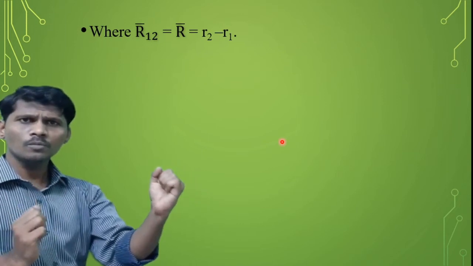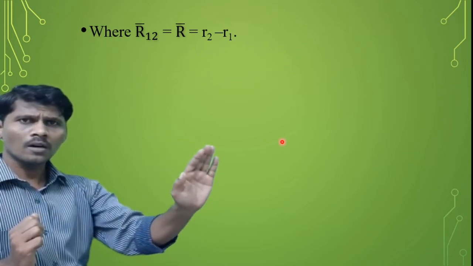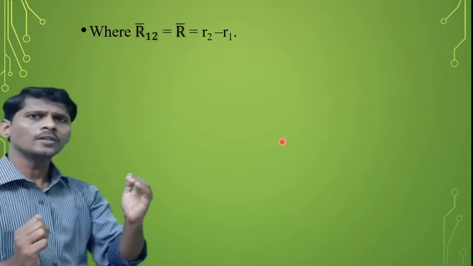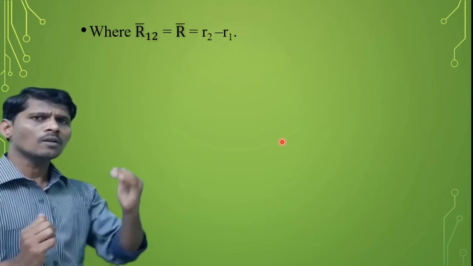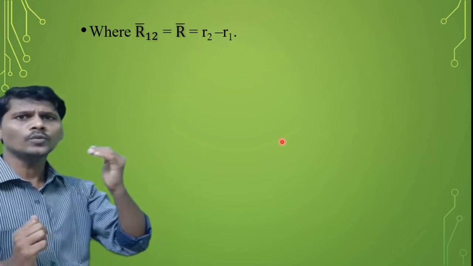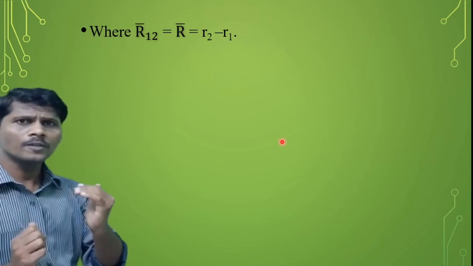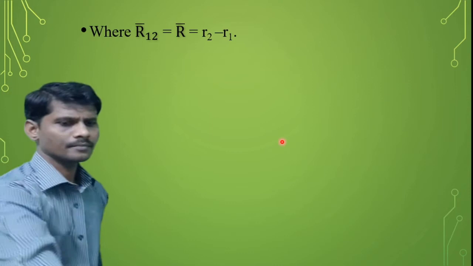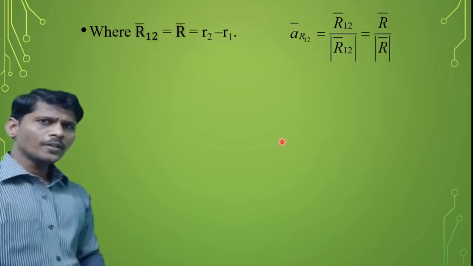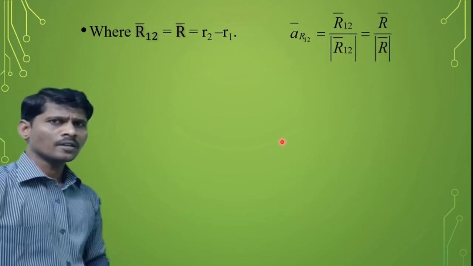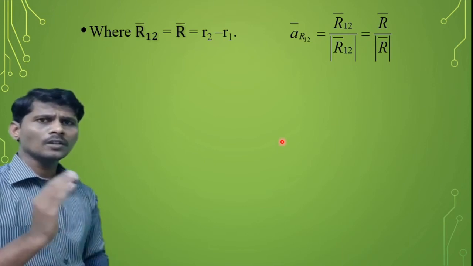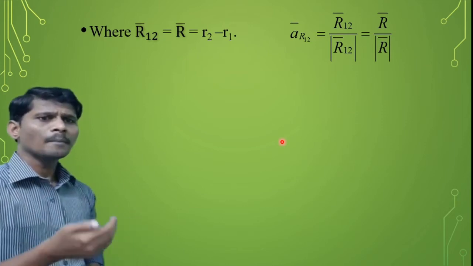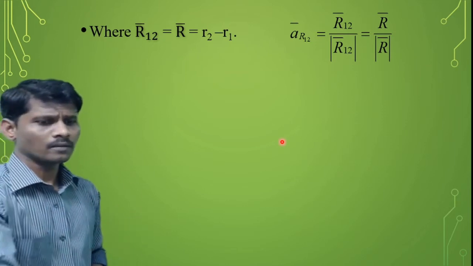Therefore, R12 bar is equal to r2 minus r1, because we are determining the force on charge Q2 due to Q1. The unit vector AR12 bar is directed from charge Q1 to Q2, and it is given by R12 bar by the magnitude of R12 bar.